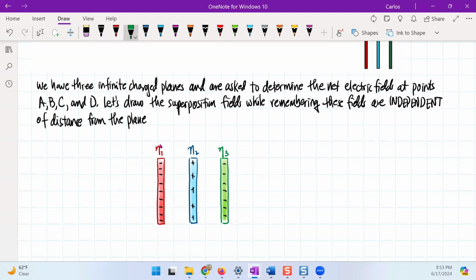If they're infinite planes, then the fields are independent of distance. So that's a negative plate, so that field must be going like this, and then this field must be going like this. But it also is here and here.